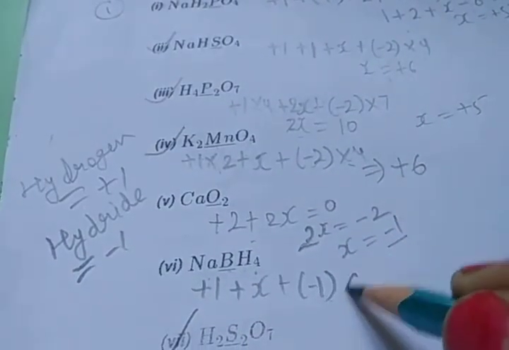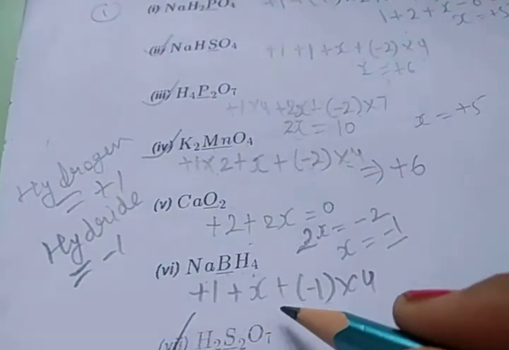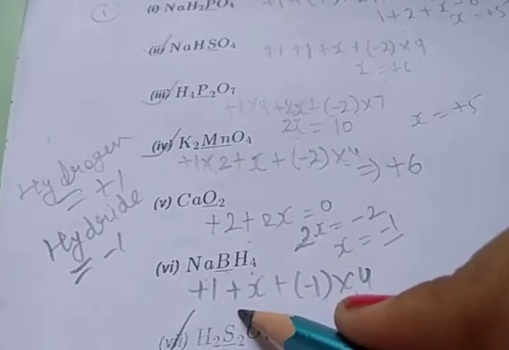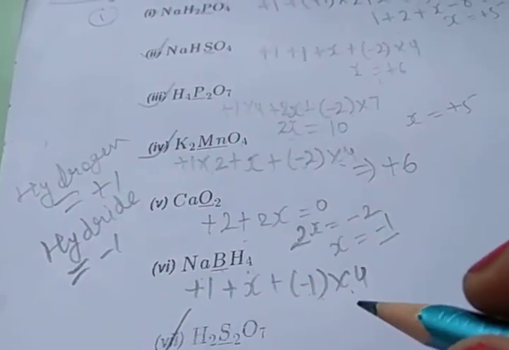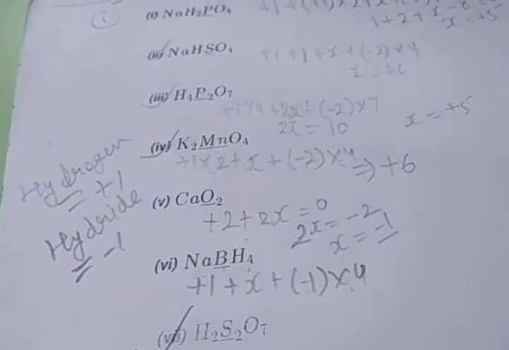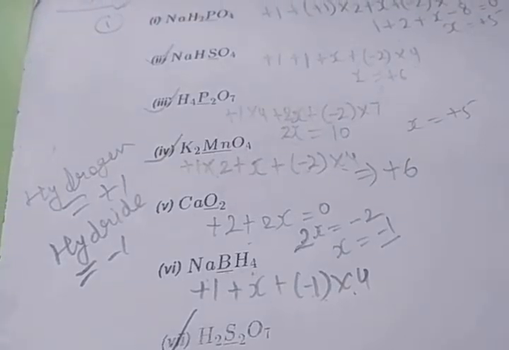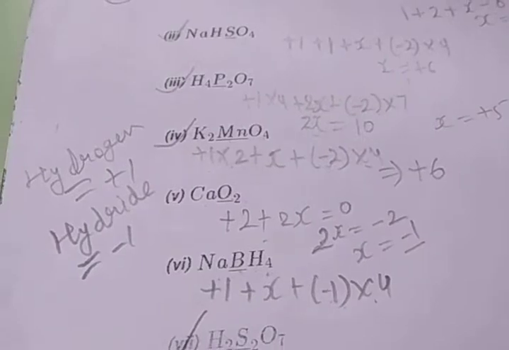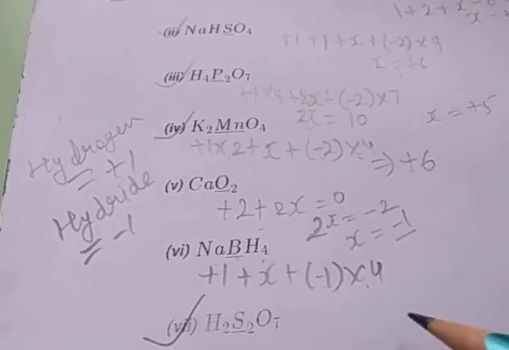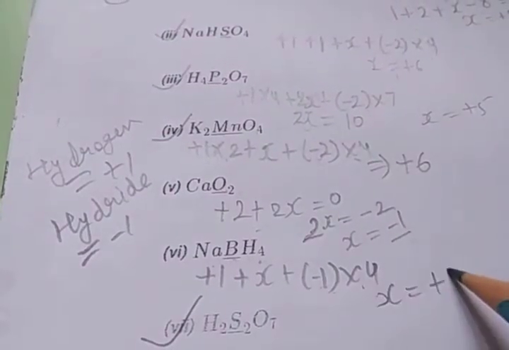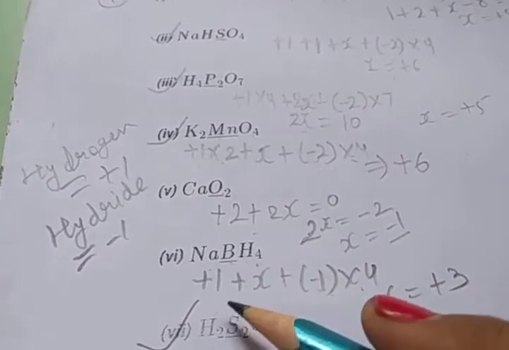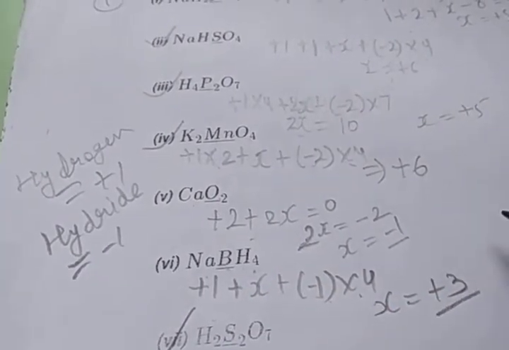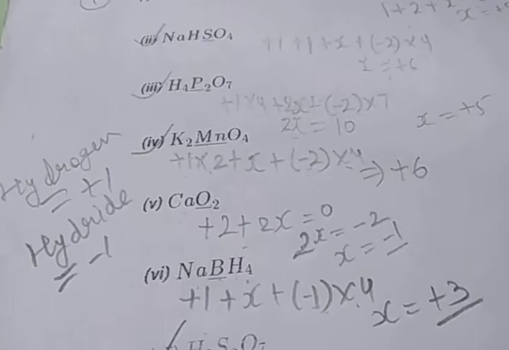So minus 1 multiply 4, minus 4 plus 1 is minus 3, going to the right hand side, so x is equal to plus 3. Clear?